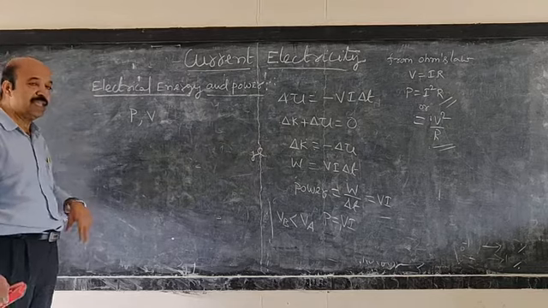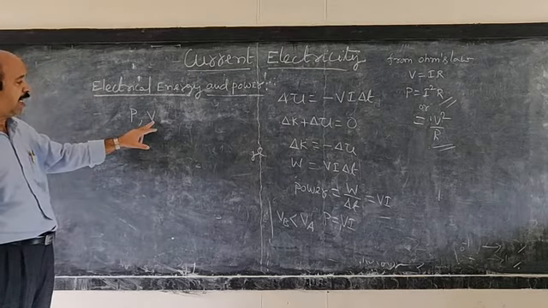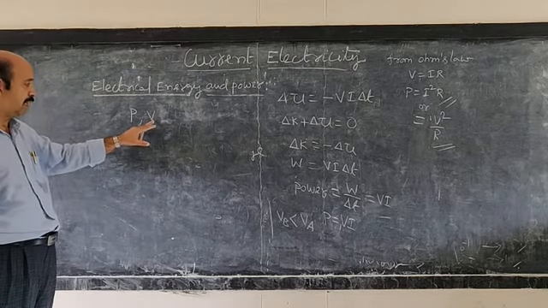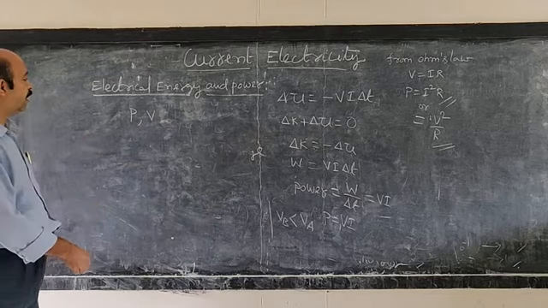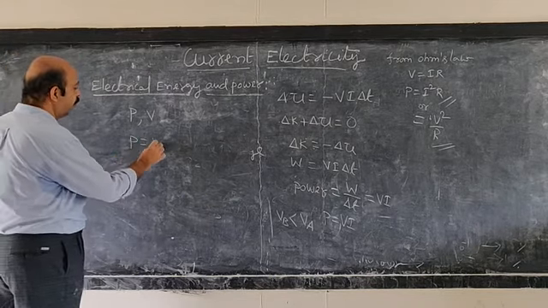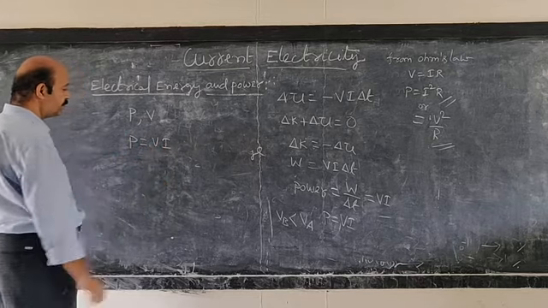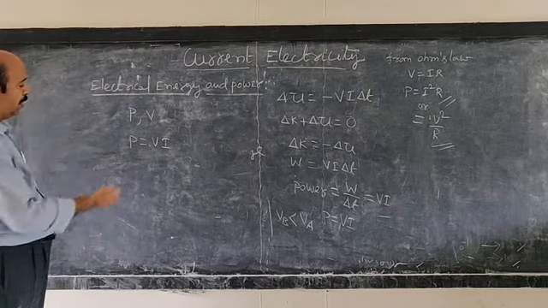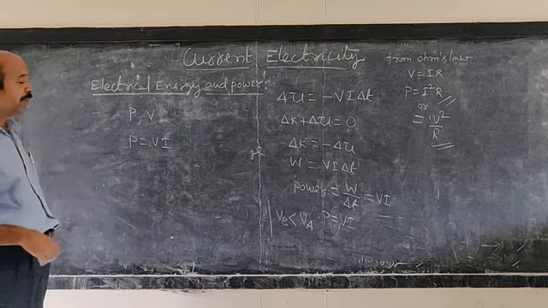Suppose you have a device with a power P and operating voltage or working voltage V. From the relation P is equal to VI, that is the power formula.